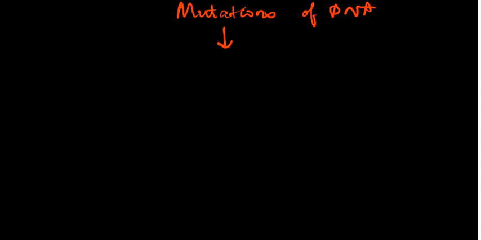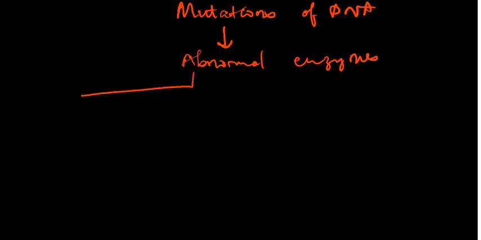So you are going to have abnormal enzymes. When you have abnormal enzymes, there will be an accumulation of ALA as well as PBG.